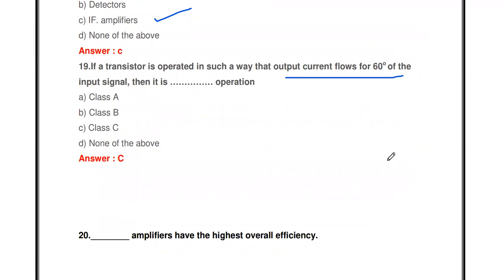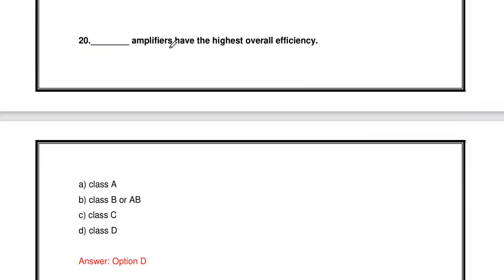Less than 180 degrees means class C. So here the conduction angle is only 60 degrees, which is less than 180 degrees, so it's class C operation. Then the next one, dash amplifiers have the highest overall efficiency. Okay, class D.